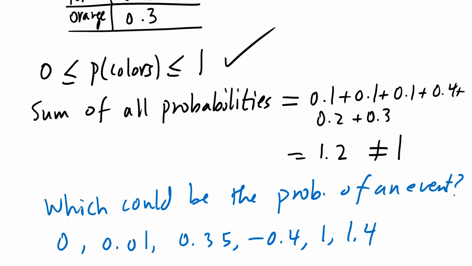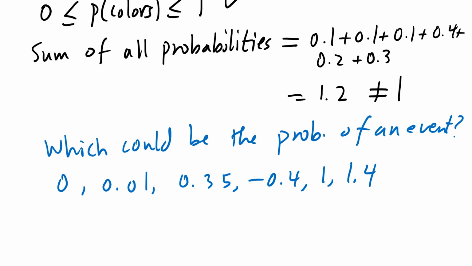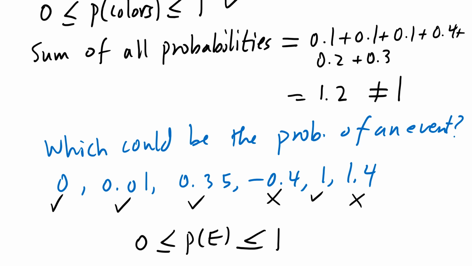This can be a standard question to ask. Well, can the probability be 0? Yes, we said it's 0 to 1. Yes, yes, no, yes, no. So any probability has to go from exactly 0 to exactly 1. Any questions about this?